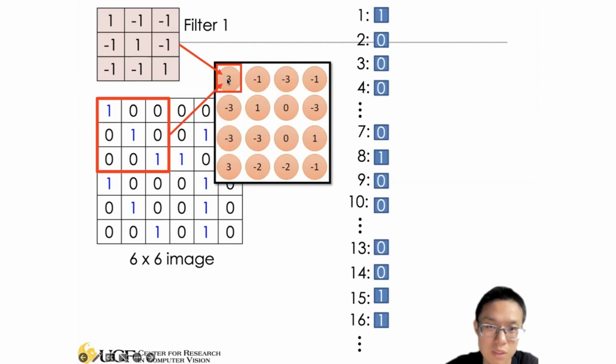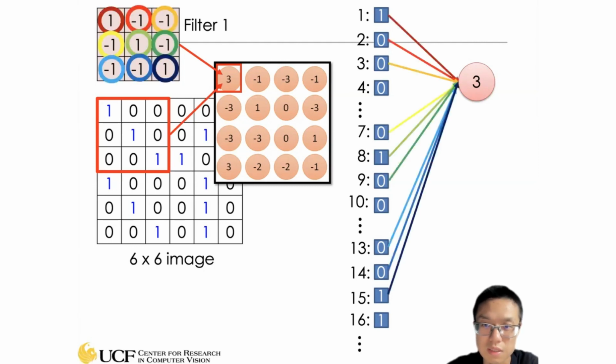The first one is 3. And if we interpret it in the fully connected neural network fashion, we can see that this filter is only connected with these 9 values. You can flatten this 6x6 image into this 36-dimensional feature vector.